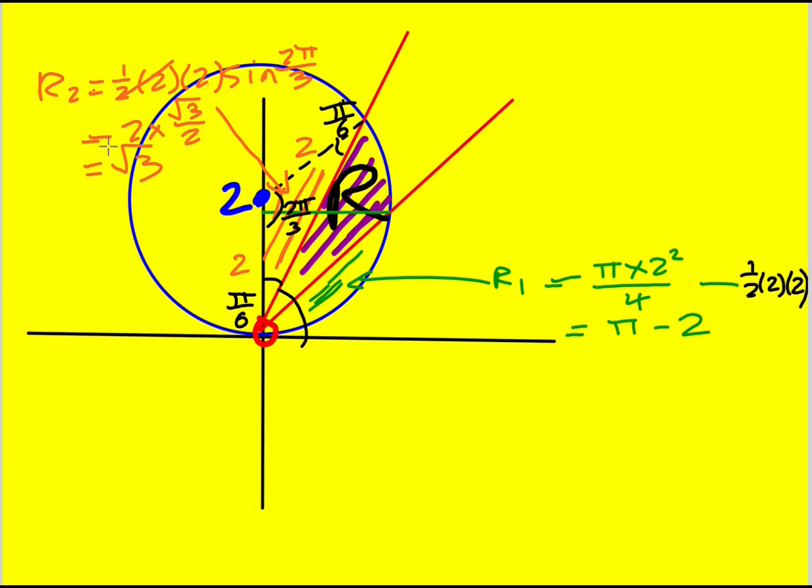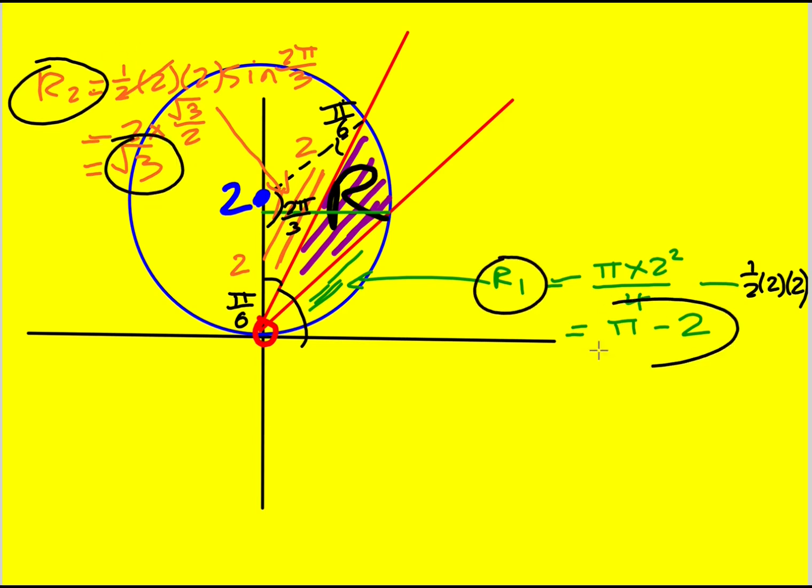I'm going to circle these as I go. So I've got R2 is root 3, R1 is pi minus 2. So there's just one more that I have to find, actually. I know this diagram's getting a little bit messy, but if I find this sector, then I've got a whole semicircle, and I can just minus the three areas that I've just found.